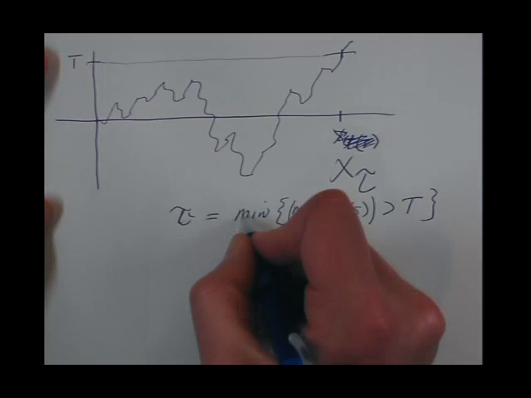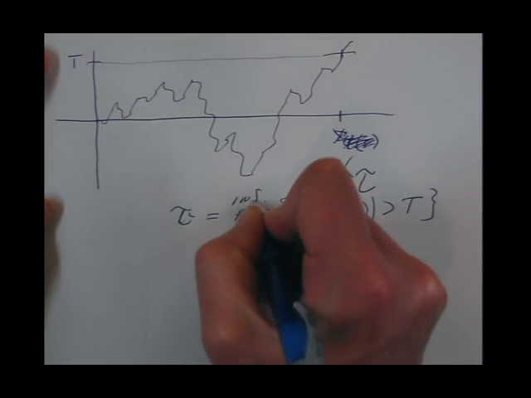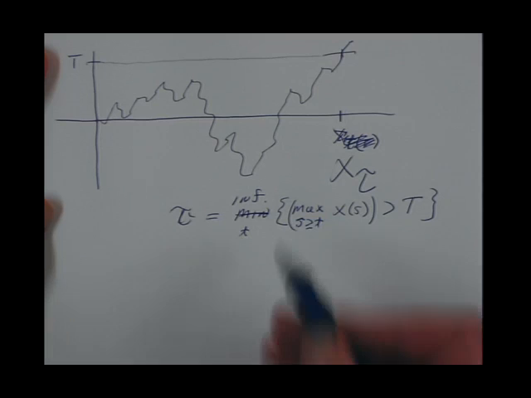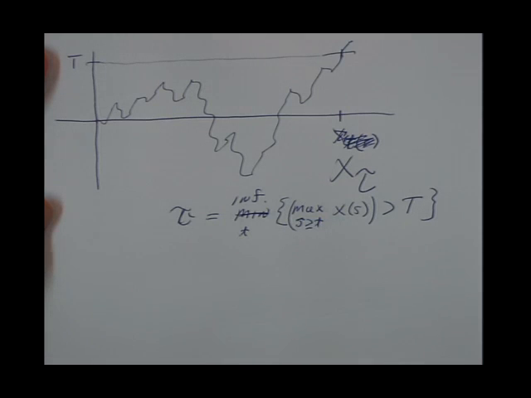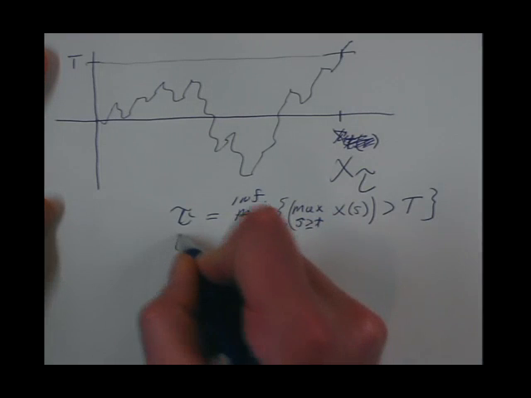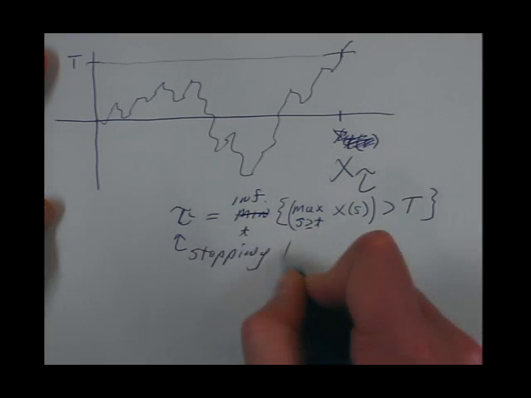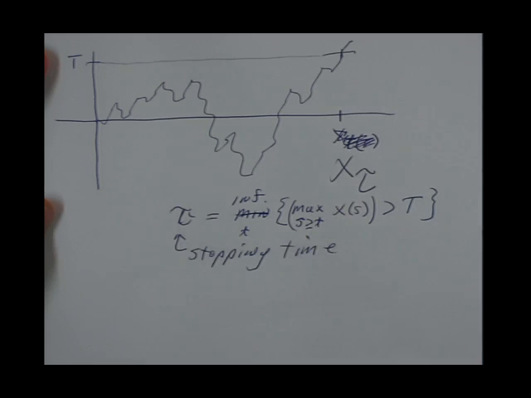This is actually not the minimum, it's called the infimum. Infimum is the technical term for the minimum. So then tau here is a function of the random variables X_s. This thing is called the stopping time. And it's a random variable.